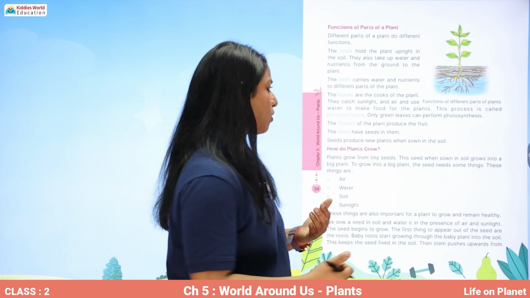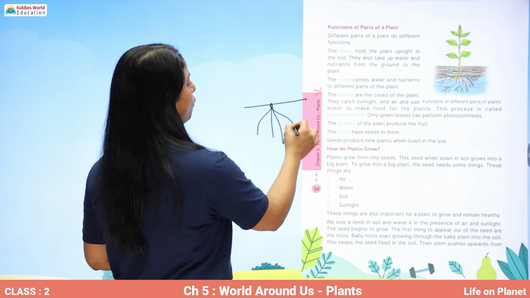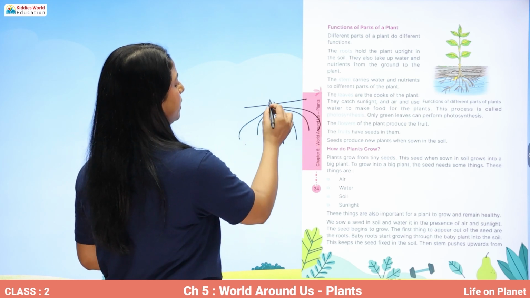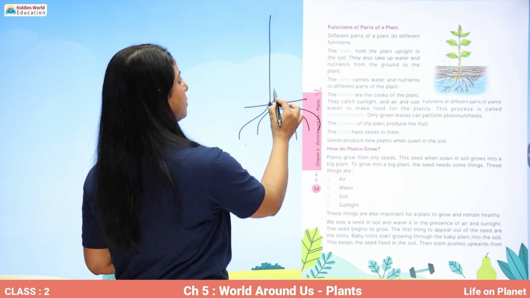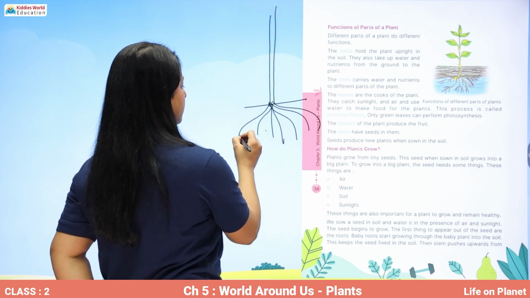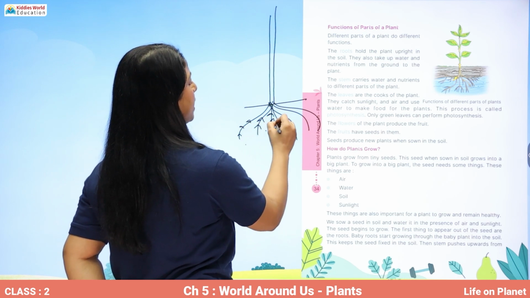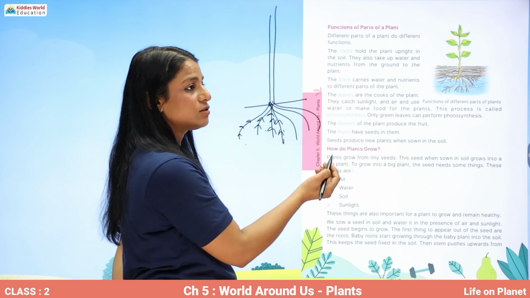So just now, as I told you, what does the root do? First of all, the roots hold the plant upright on the ground. Then the roots absorb the water and the nutrients from the ground. And what does the root do?